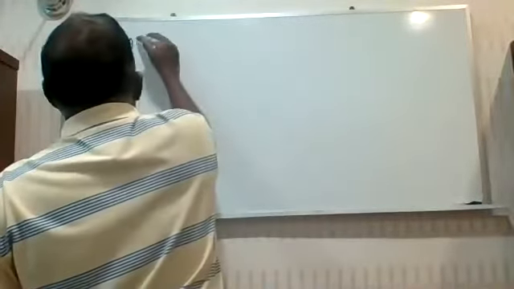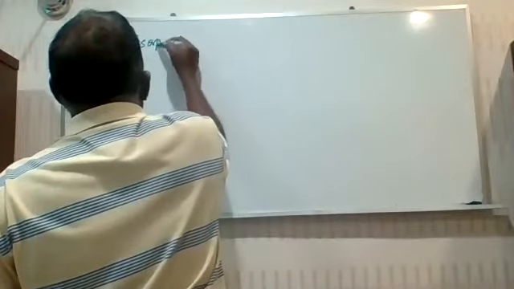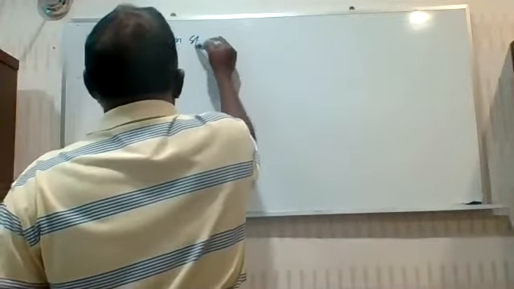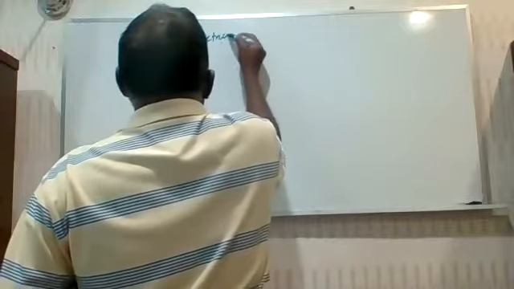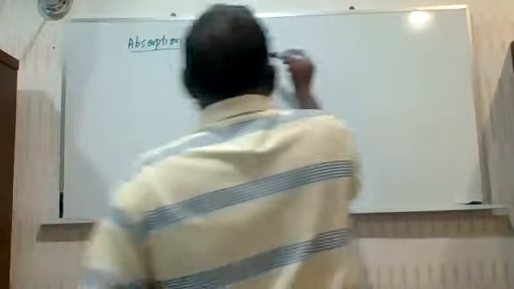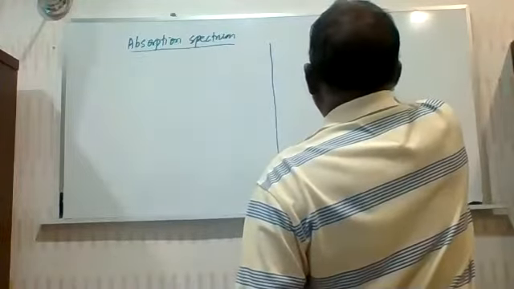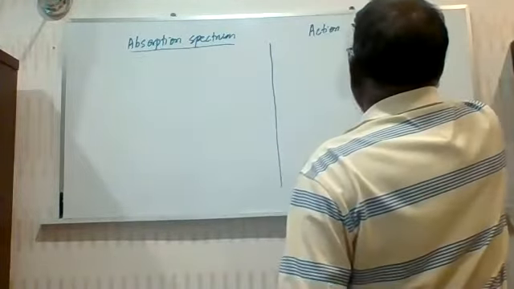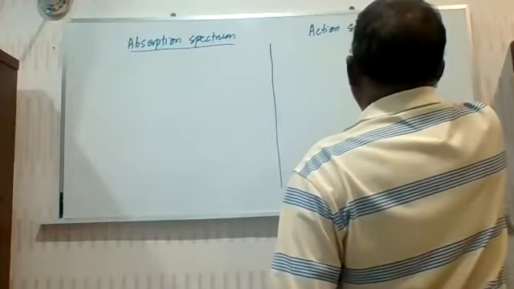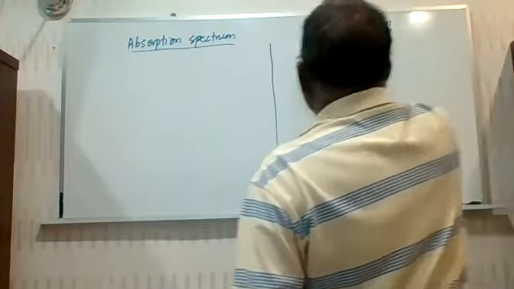We have the absorption spectrum, and we have the action spectrum. These are again related to your light harvesting pigment, and of course all of these are related to photosynthesis.